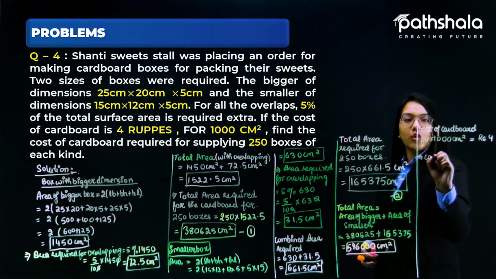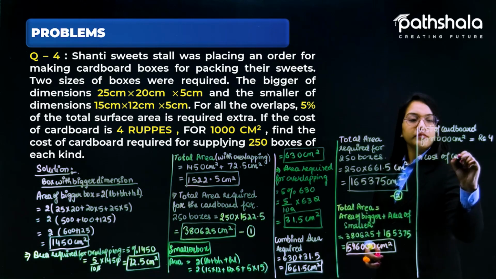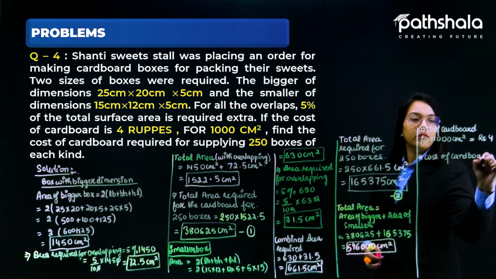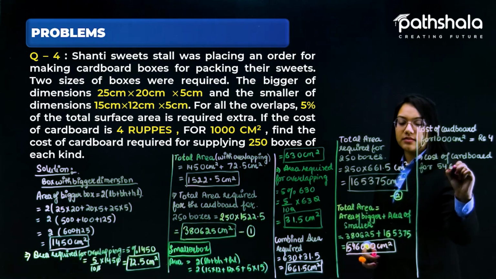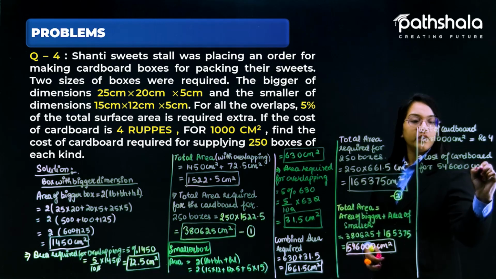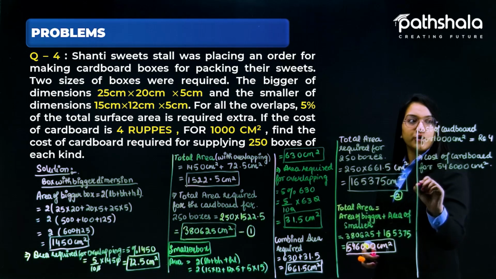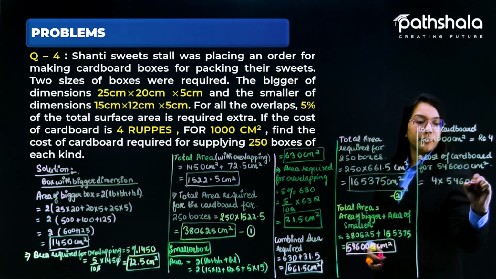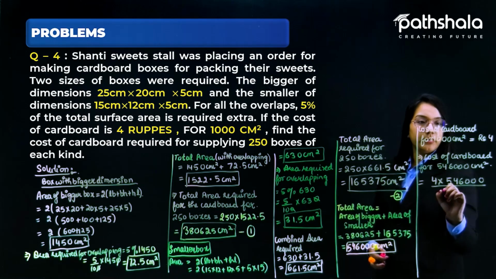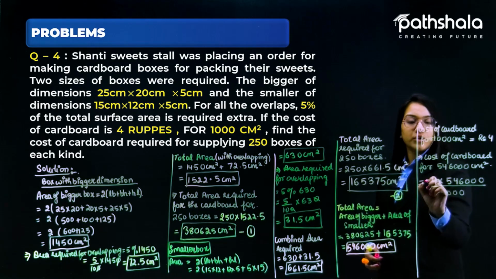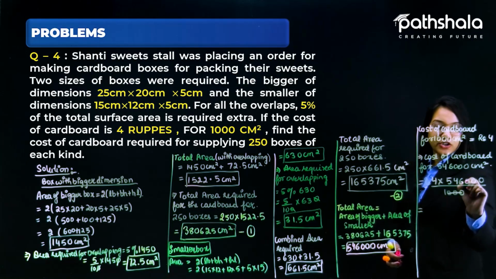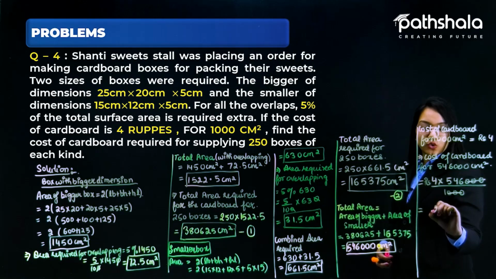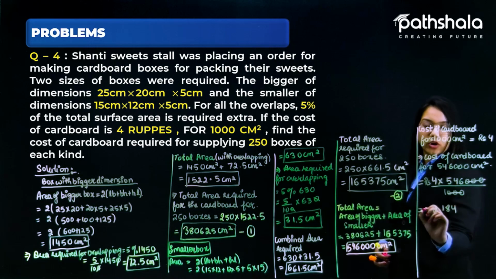So what will be the cost of cardboard for 546,000 centimeter square? What should be the cost? It should be 4 into 546,000 divided by 1,000 rupees, which after cancellation we will get the answer as 2184 rupees.